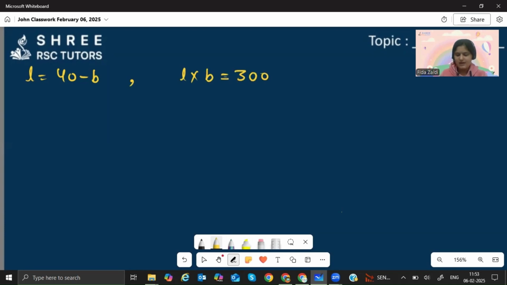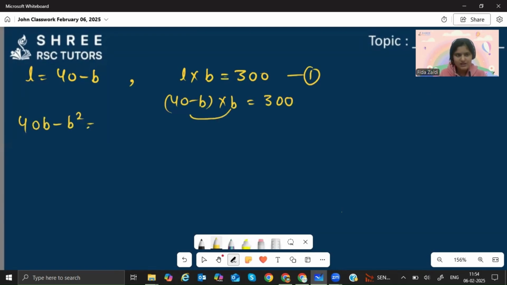So let's put this value in equation 1. So 40 minus B into B is equals to 300 and multiply B into the bracket. Then you will get 40B minus B square is equals to 300. Then minus B square plus 40B minus 300 is equals to 0. This will be your quadratic equation.